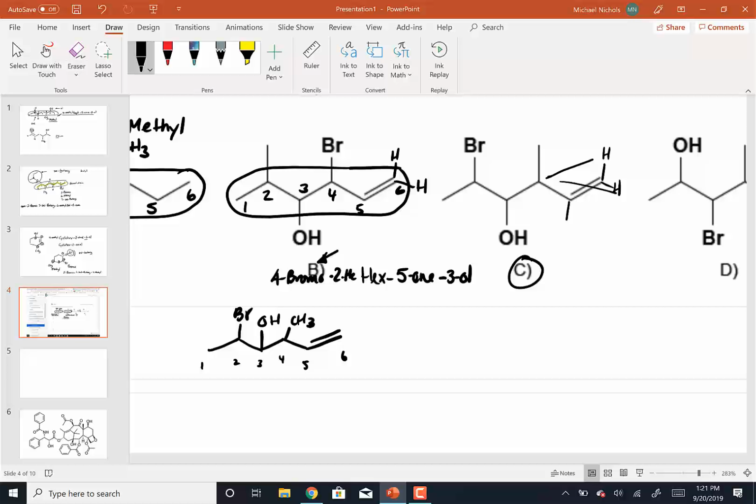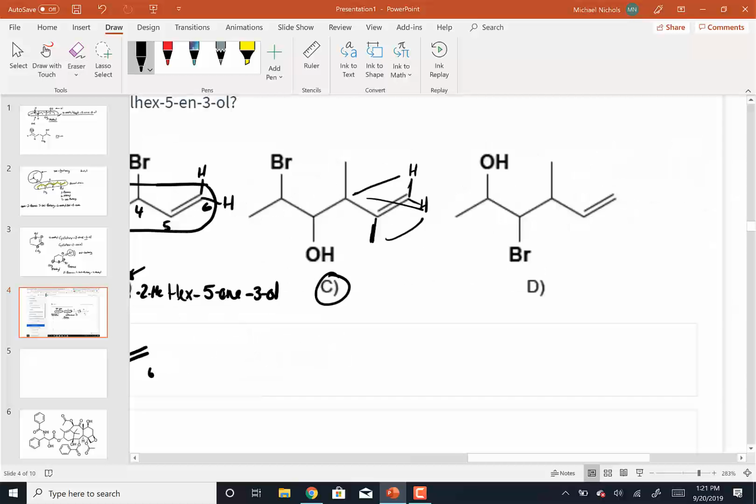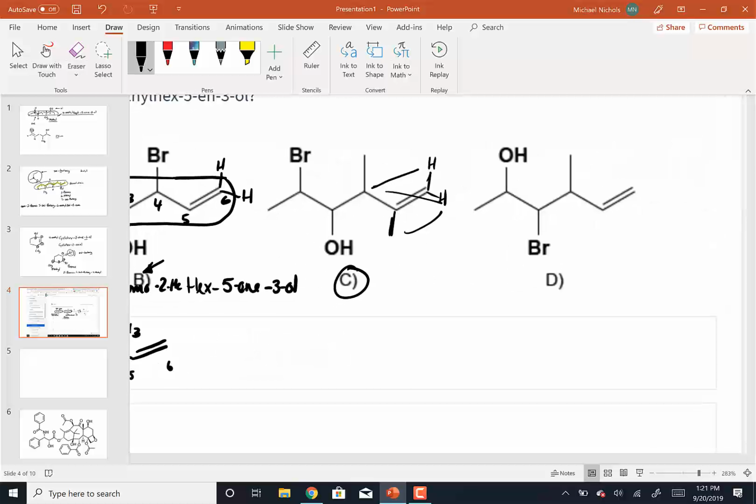If I move that group down here, it would still be cis to a hydrogen, still be trans to a hydrogen, which means I don't have 2 different stereoisomers formed. Over here, same thing. For this one, there's no cis, no trans, no E, no Z needed. Because again, it has the 2 hydrogens.